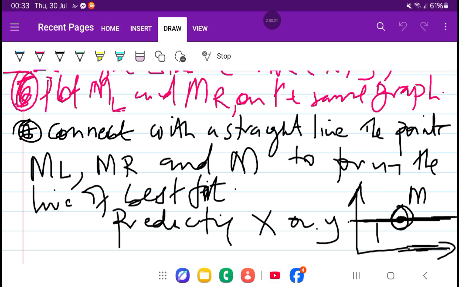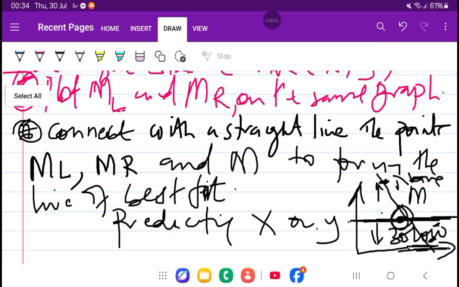What is on this side will always be equal to what is on this side. This side we call above, this is below. Then you get the mean of the values below for both x and y values, and then those above, then you join. This point can be here, and maybe another point is around here. When you connect, they will form a straight line, and that straight line is the one we call the line of best fit.